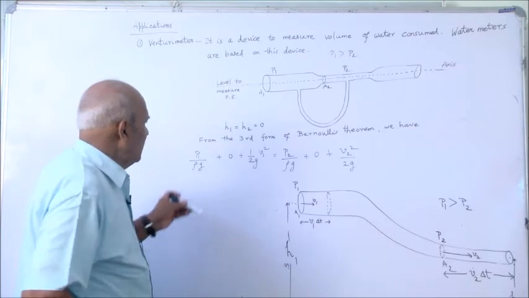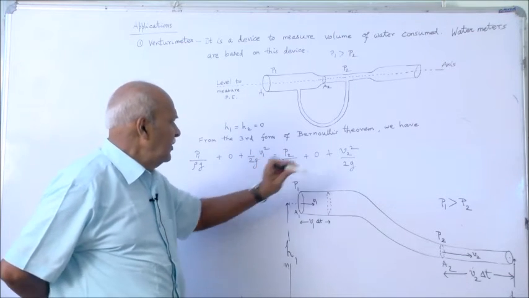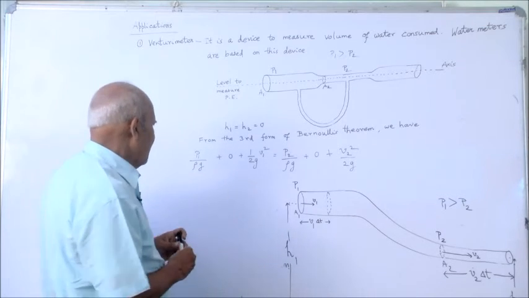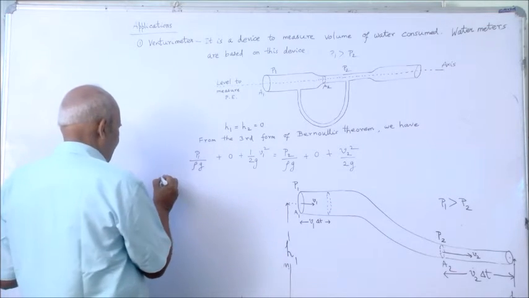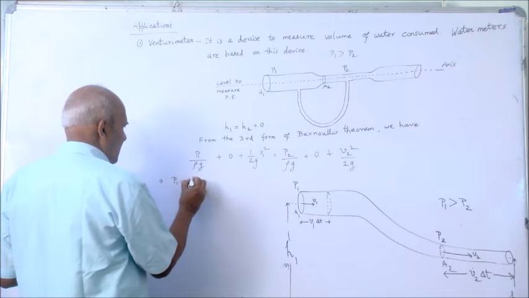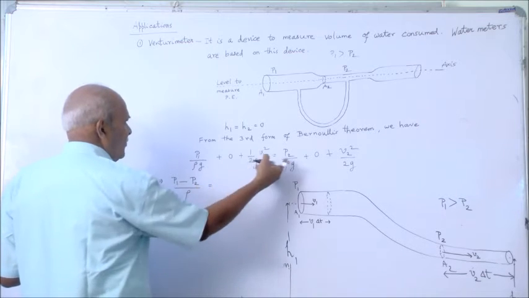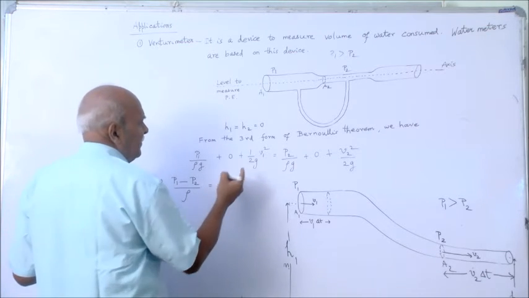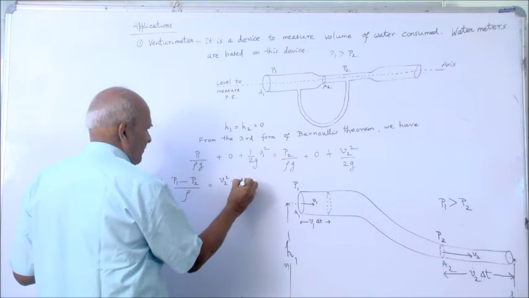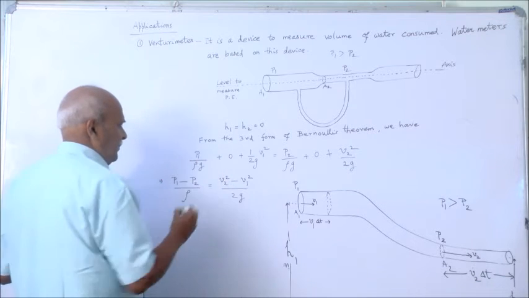Then if you equate them, g is in the denominator of both the sides. So that also cancels. So what you get? You get P1 minus P2 by rho. You bring this to this side and it is V2 square minus V1 square by 2g.